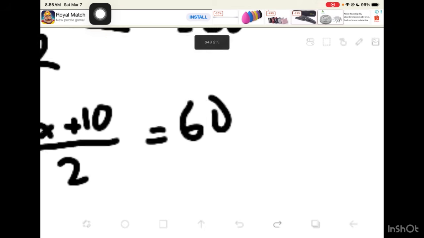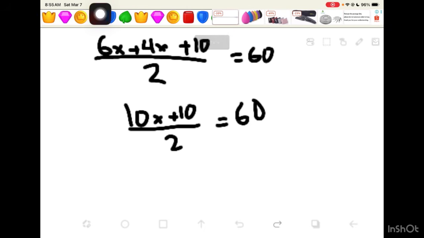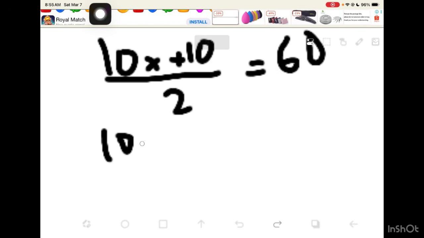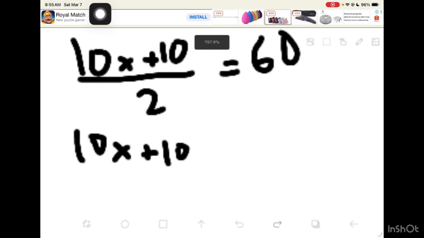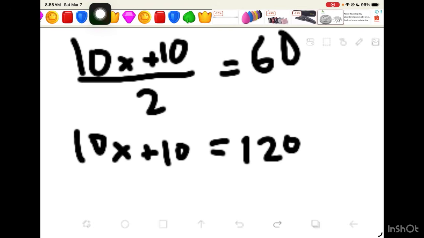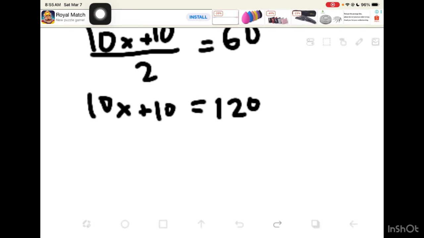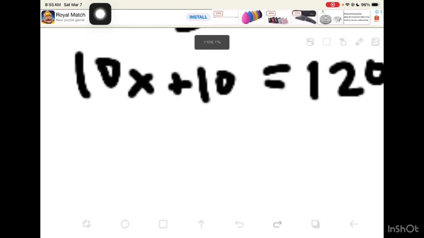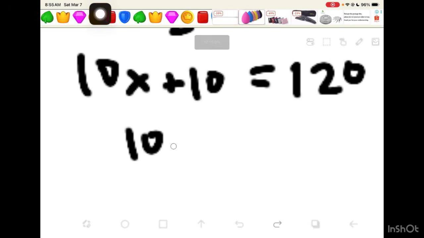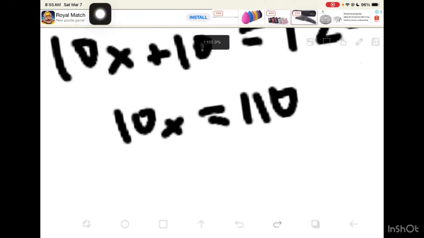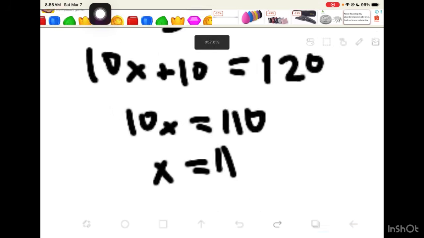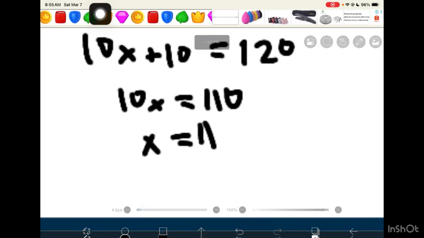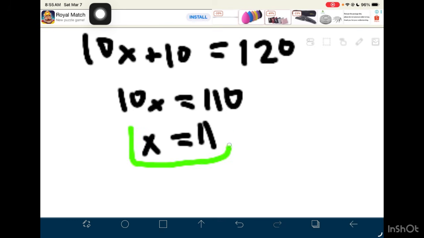Then double it to cancel the 2 at the bottom. So 10x plus 10 is equal to 120, and 10x is equal to 110, x is equal to 11. So that is our answer.